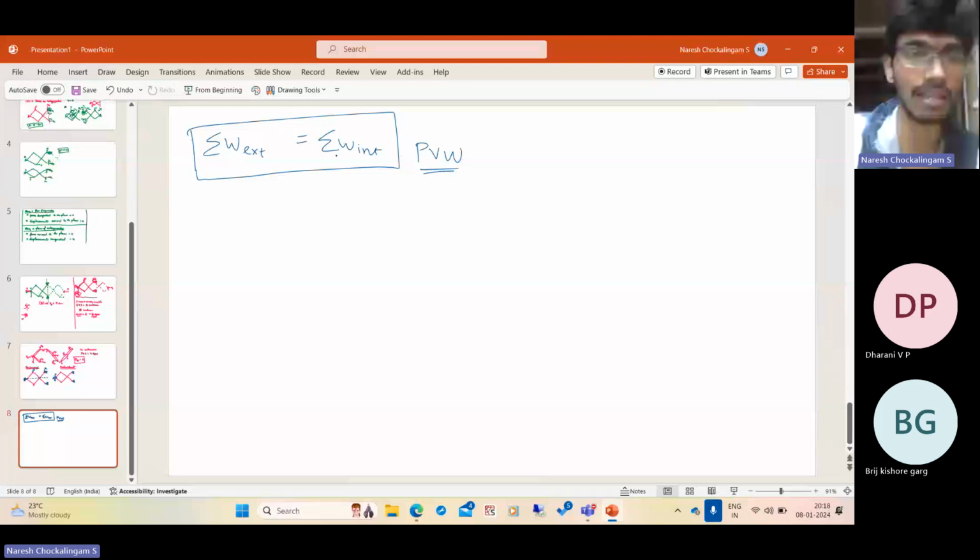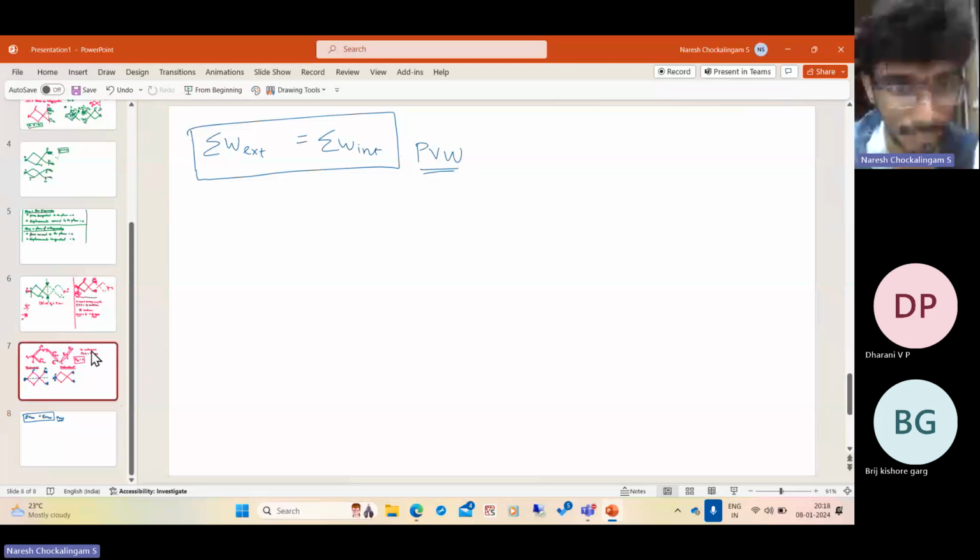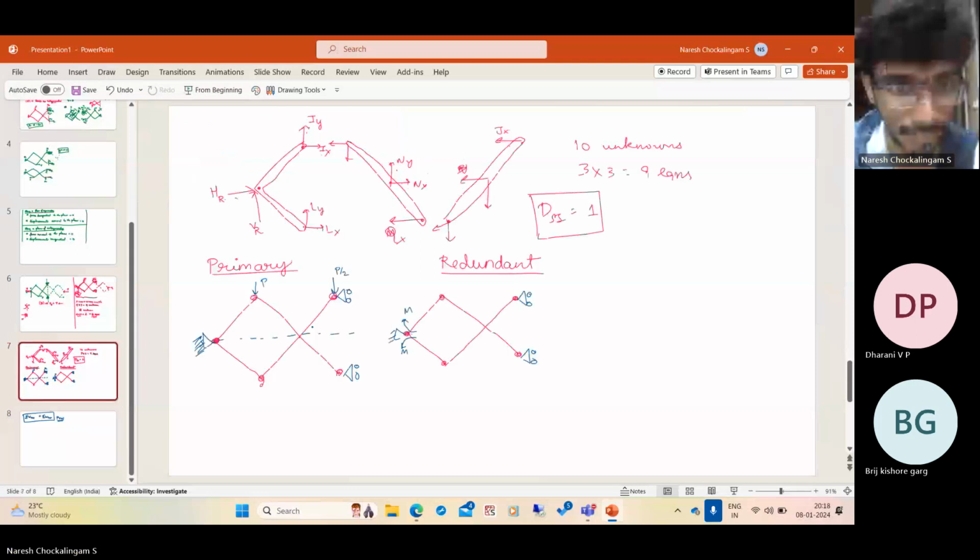What do we mean by kinematically admissible displacement? It means it has to be consistent with the boundary conditions and the connections in the problem. For example, we cannot assume a displacement field in which this pin connection is violated or these boundary conditions are violated. A displacement field like this.